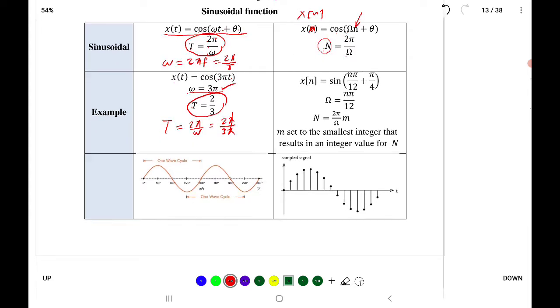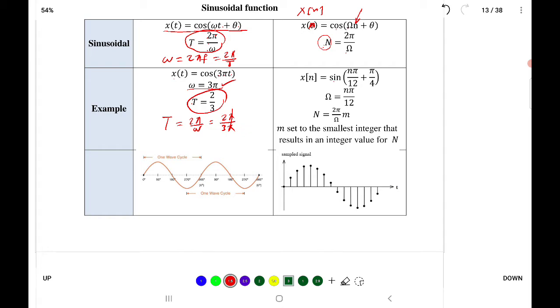All right. So let's just take an example: sine of n pi over 12 plus pi over 4. Forget about this angle, we are just looking for omega n. So omega, in this case, is equal to pi over 12. There's no n here, just pi over 12.